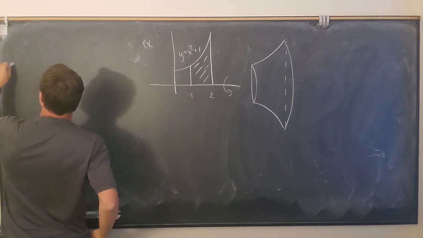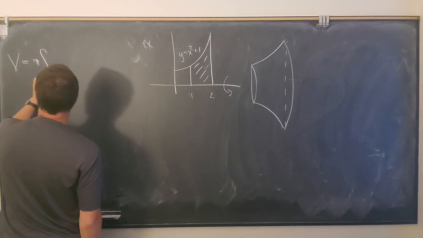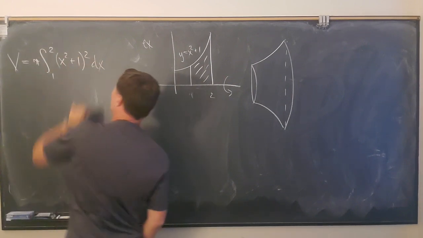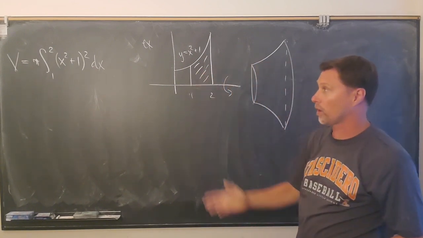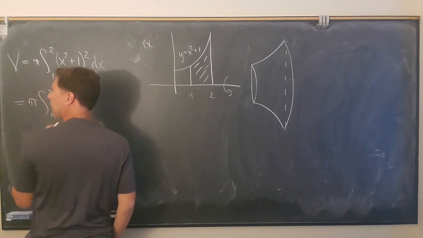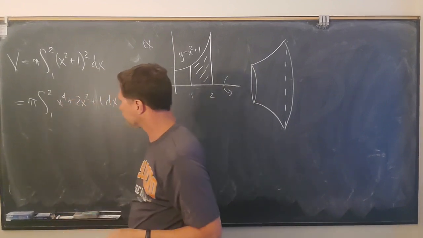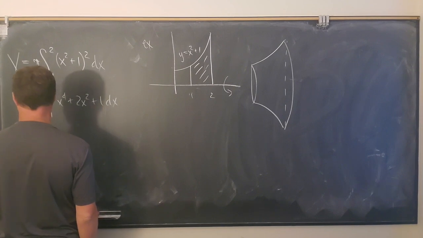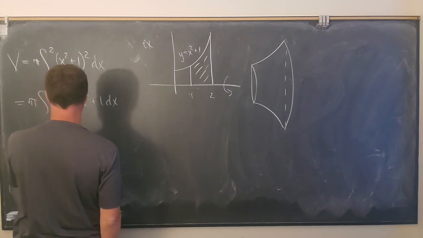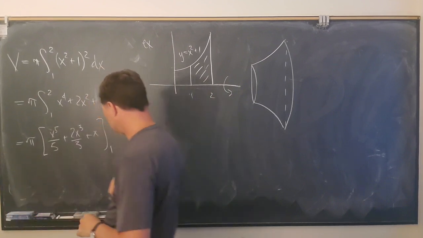Okay, and so now to compute the volume, what we're going to do is pi times the integral from 1 to 2 of x squared plus 1, quantity squared, dx. You take the function, square it, and integrate that. I'm just going to multiply this function out: pi integral 1 to 2 of x to the 4th plus 2x squared plus 1 dx. That's equal to pi times x to the 5th over 5 plus 2x cubed over 3 plus x, from 1 to 2.